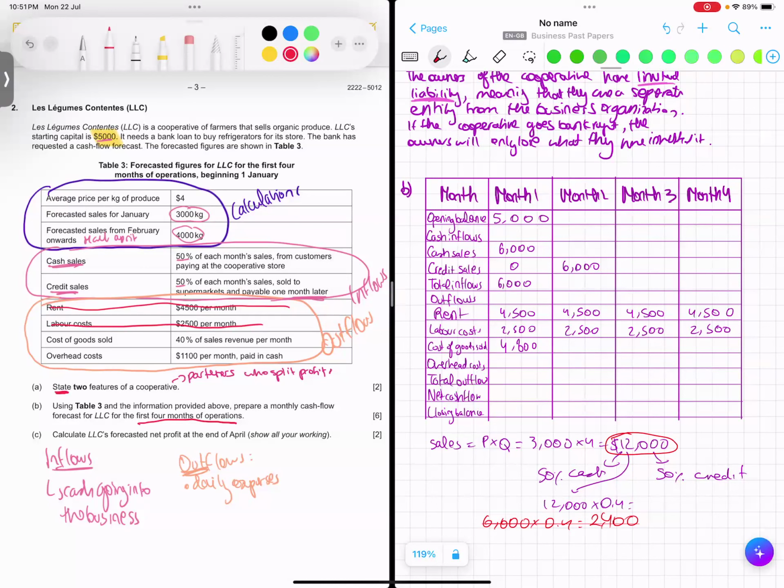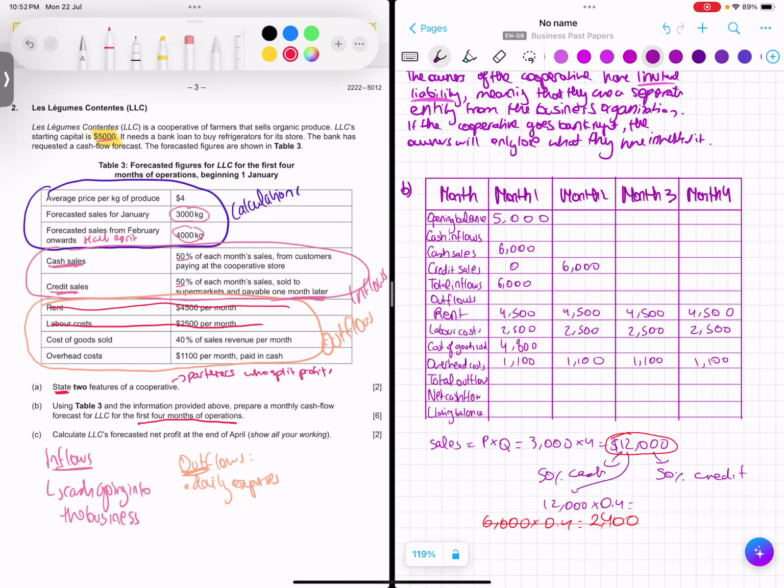Then you have your overhead costs. Our overhead costs are 1,100 per month, and these do not change, so we can write it all. Always make sure of that. Then you have total outflow.